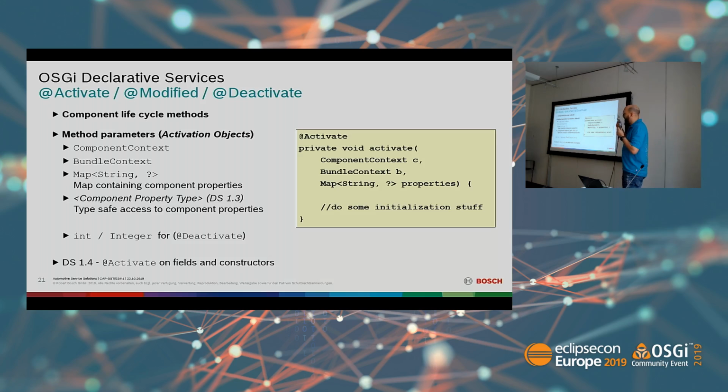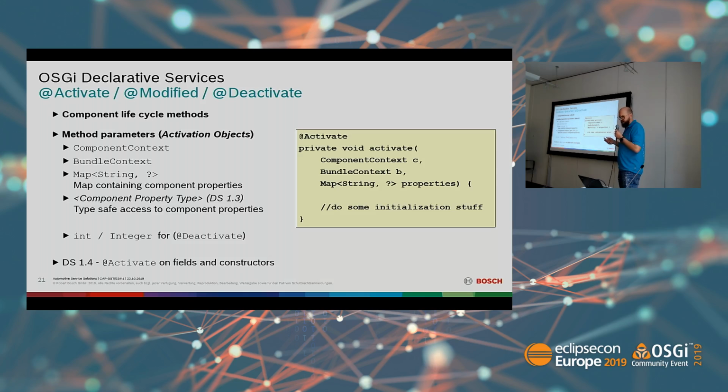It has some method parameters. Today they are called activation objects. I'm not sure if they were called activation objects before, but in R7 they are called this way. And they are categorized, it's these four values you can have: the component context, the bundle context, a map containing the component properties, or a component property type, which was introduced in DS 1.3.